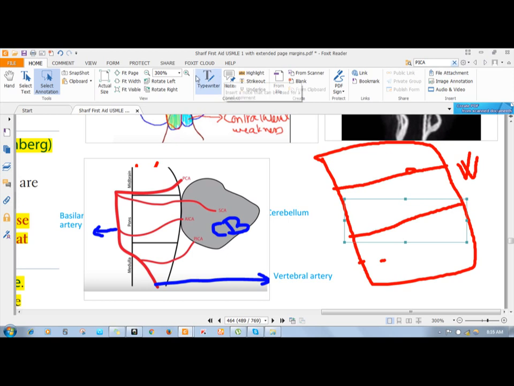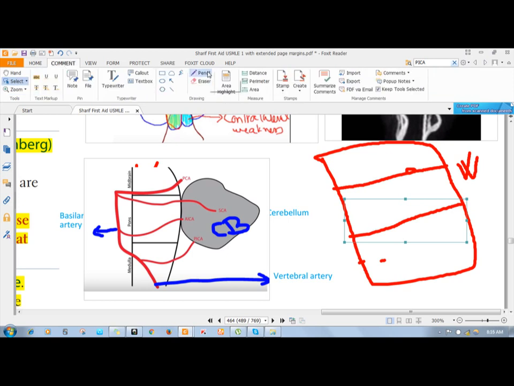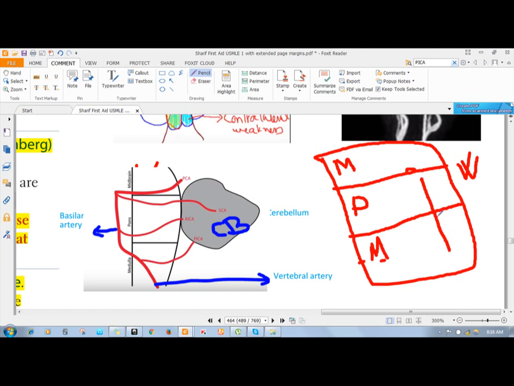Okay, so here let's start drawing again. So this is the midbrain, this is the pons, and this is the medulla. There is something common in between pons and medulla, especially based on the cranial nerve nucleus. The sensory tract of the trigeminal nerve actually runs along the lateral part of the pons and medulla.